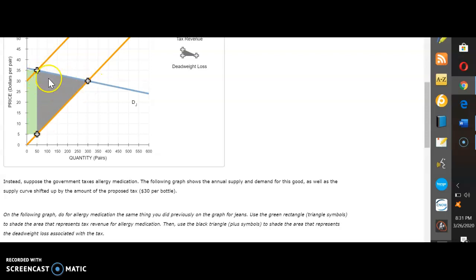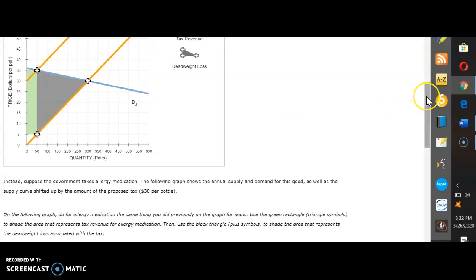It's a sideways triangle. Here's the height from here to here. So the height would be 50 to 300. So 300 minus 50, that's 250. So the height would be 250. The base would be 30.